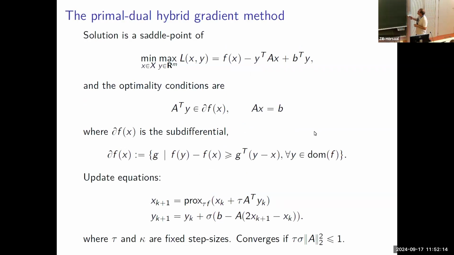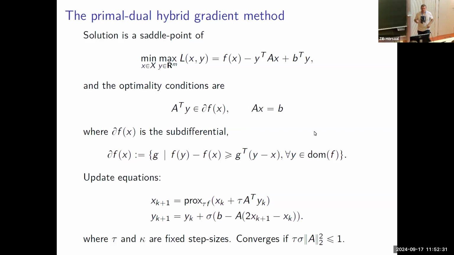So the solution is a saddle point of this, and the optimality conditions are that A transpose y is a subgradient of f.